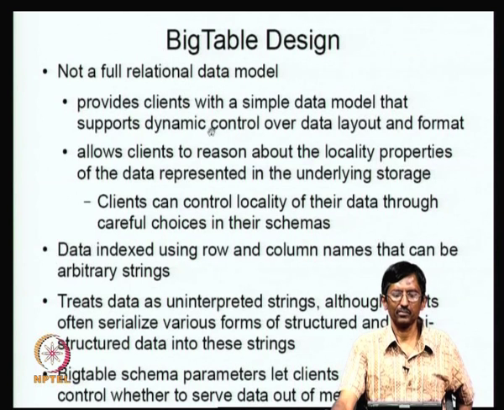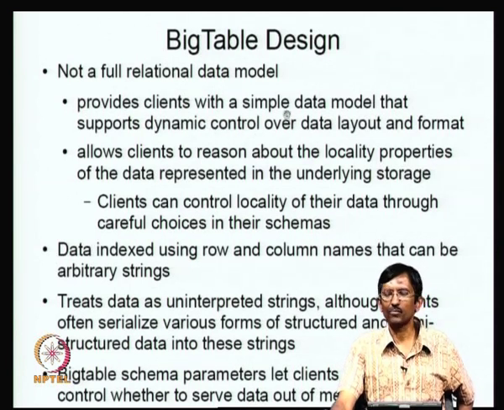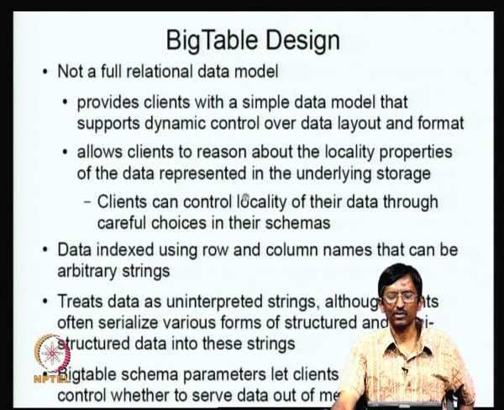The way that is done is by what we just discussed already. We have a set of rows, a set of columns, and we just have a key-value pair kind of model. That is basically a simple data model. It allows clients to reason about the locality properties of the data represented in the underlying storage.